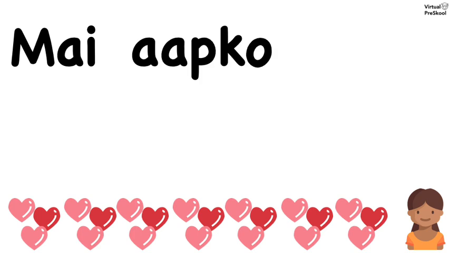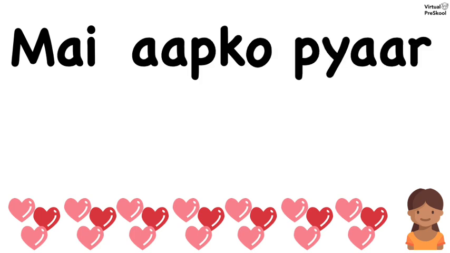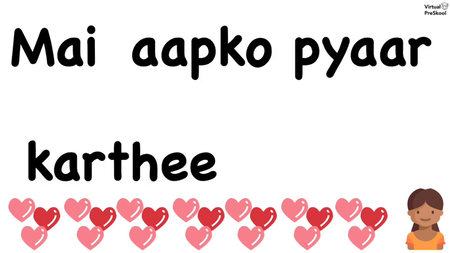Same sentence, but with a different conjugation of the verb. मैं आपको प्यार करती हूँ. And that is the full sentence to say I love you, whether you are a boy or a girl.